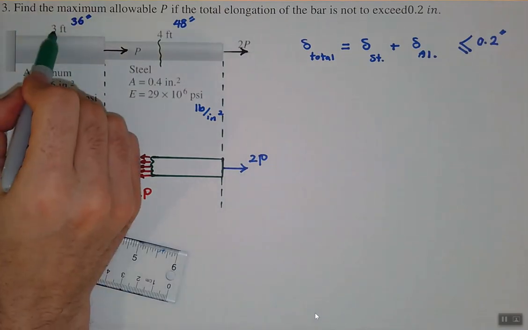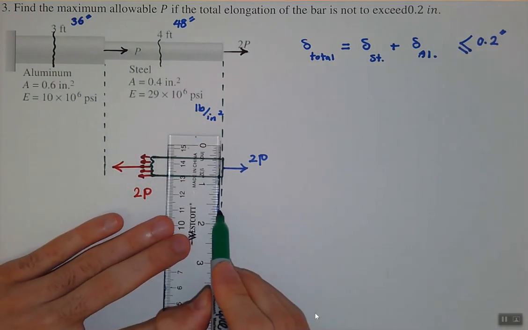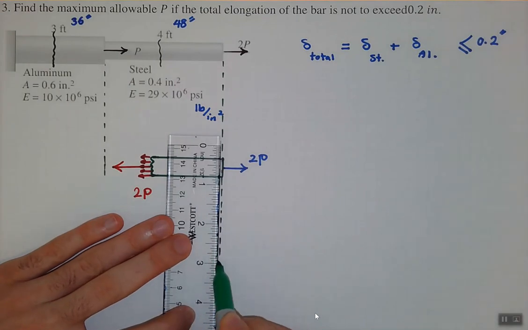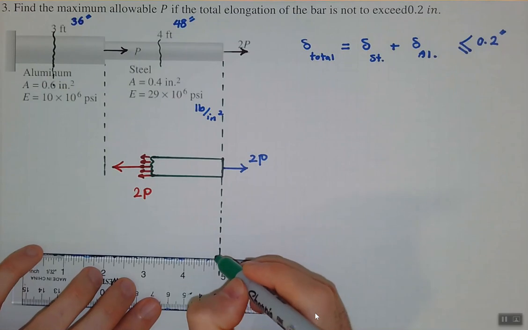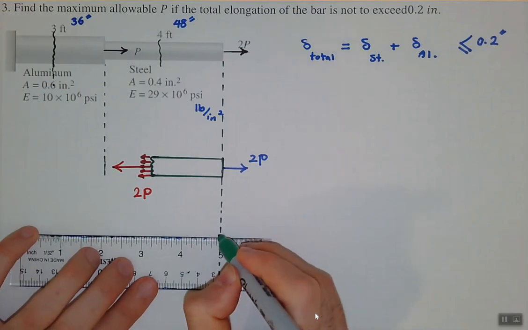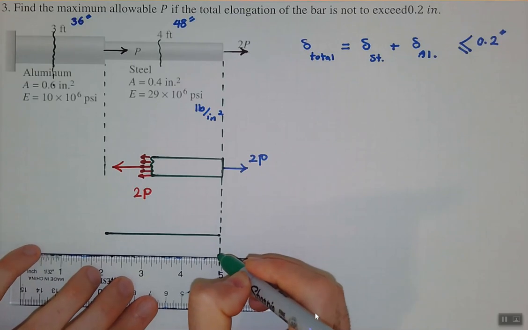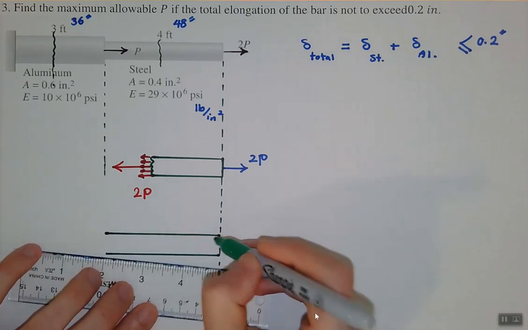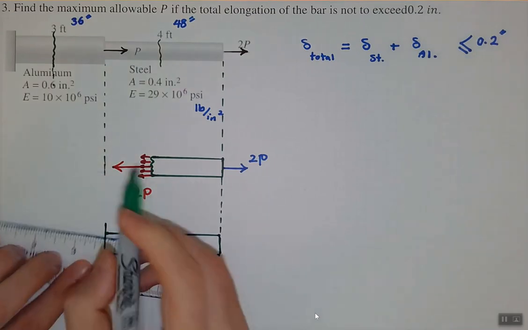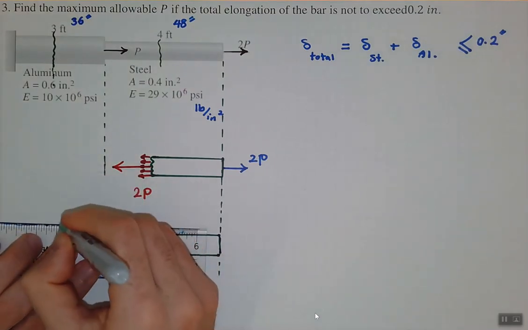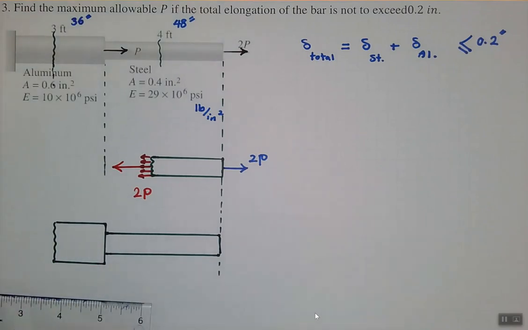Over here we say if I cut somewhere around here, and again I draw where I did the cut, I have this portion that I didn't cut, and then I have the aluminum portion where I did the cut.